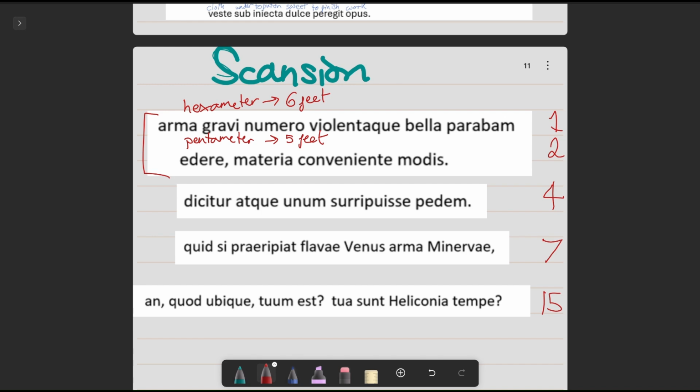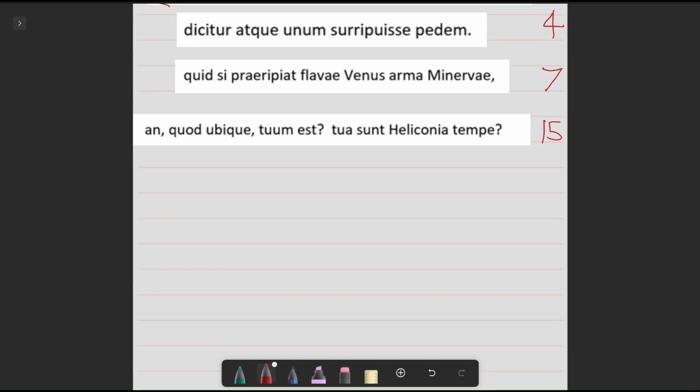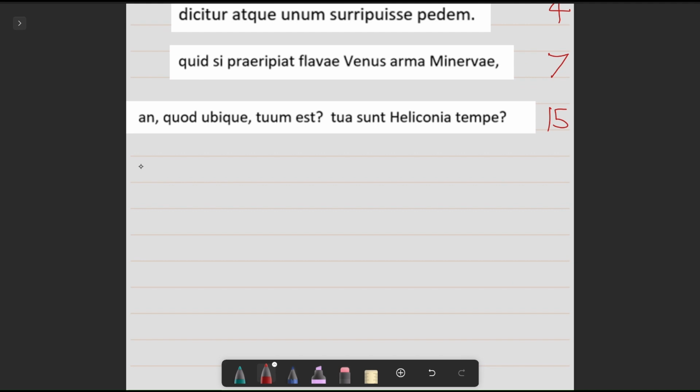So what we can have as feet are either 2 longs or a long and 2 shorts. This one is a long, and this means that it's short. If you have 2 longs, it's called a spondee. And if you have a long and 2 shorts, it's called a dactyl.